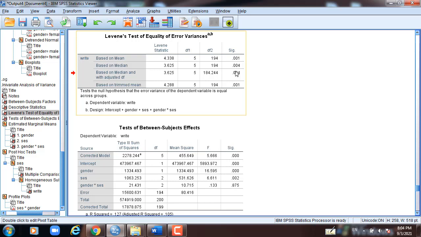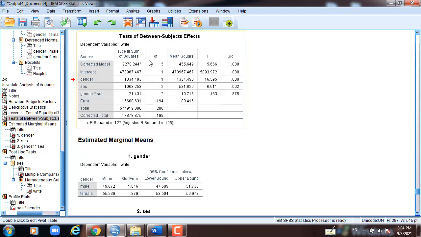As you can see here, this is the test of between-subject effects. You can see corrected model, intercept, gender, SES, and gender with SES. We are interested in the gender, SES, and gender with SES rows of the table, as highlighted.